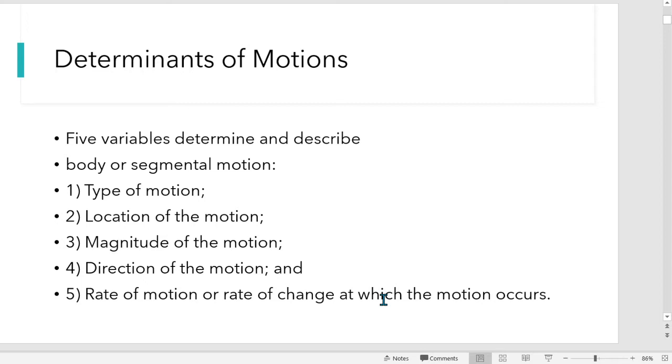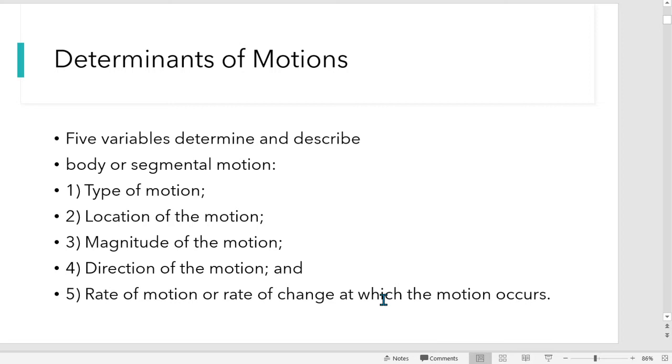So these are the determinants. So type of motions, whether it is smooth or rough or rugged. Location where we can find it. Is it along the sagittal, along the coronal?